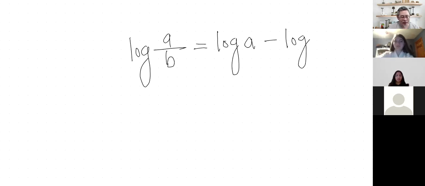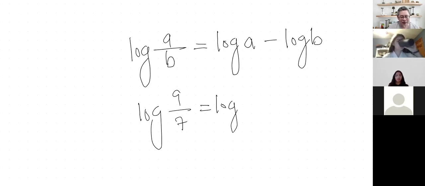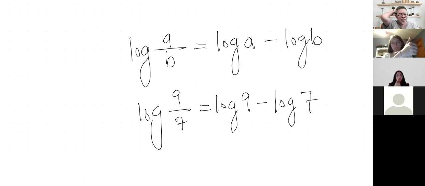So if you have something like log 9 over 7, we can write it as log 9 minus log 7. Are we good here? Thank you, Morgan. Thank you, Toby.